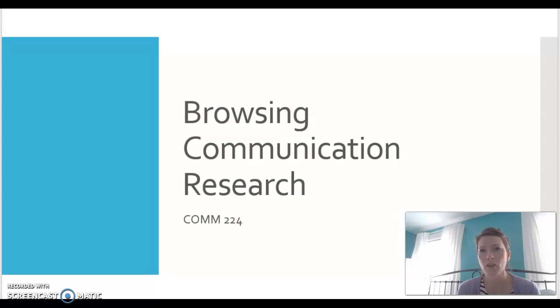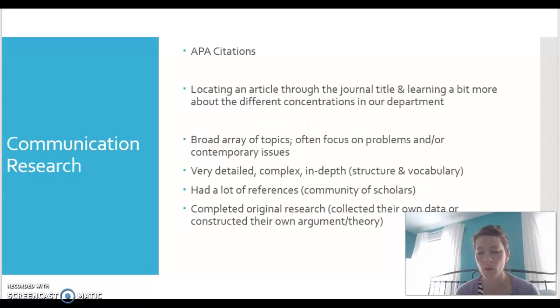Really just as a way for you to start to look at what kinds of research gets published in the field of communication, so you can build a little bit of a sense of what that world looks like. I also chose these specific journals on purpose because they tend to fit very well with the different concentrations that we have in the communication department at BSU.